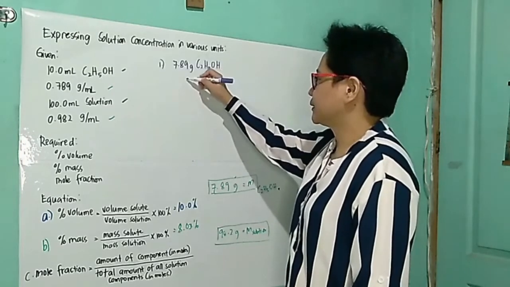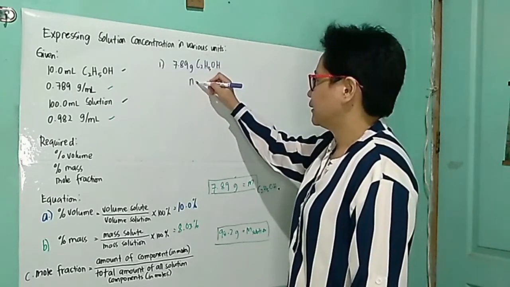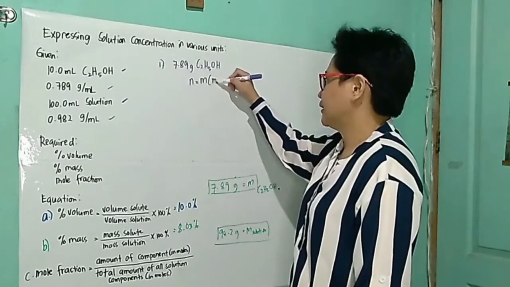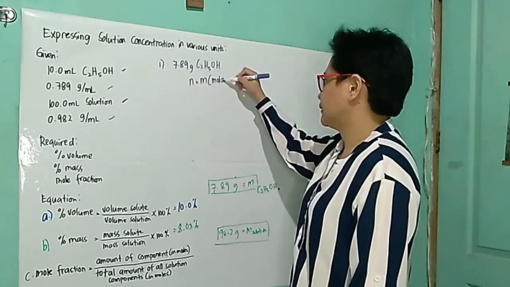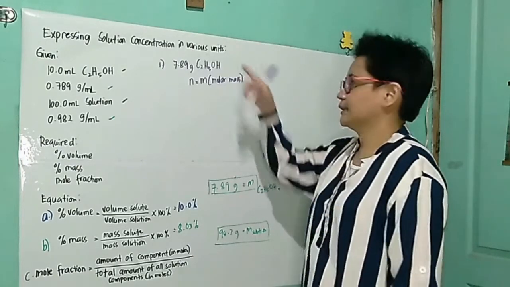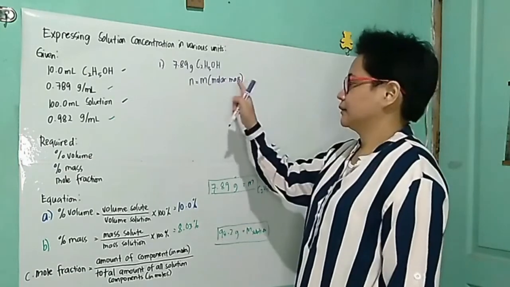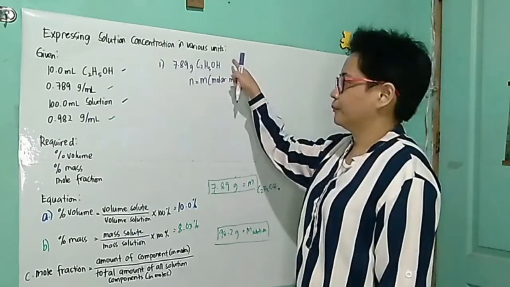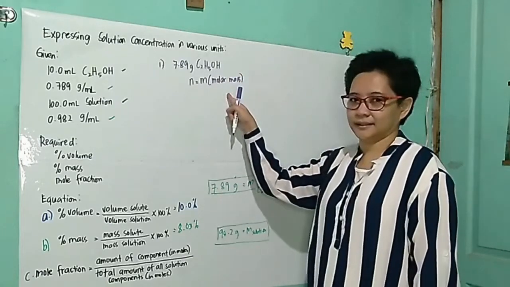Number of moles is equal to mass divided by the molar mass of the substance.